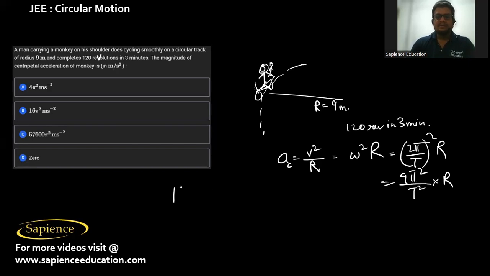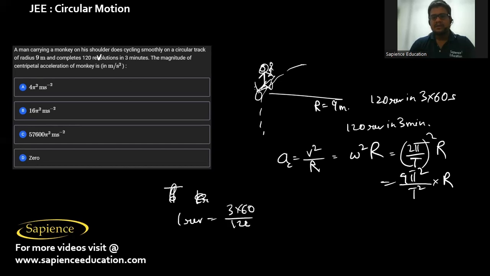Now the time period of revolution: 120 revolutions in 3 minutes. So 120 revolutions is carried out in 3 into 60 seconds. So one revolution will be carried out in 3 into 60 by 120 seconds, that is 3 by 2 seconds, 1.5 seconds. So therefore the time period is 3 by 2 seconds.